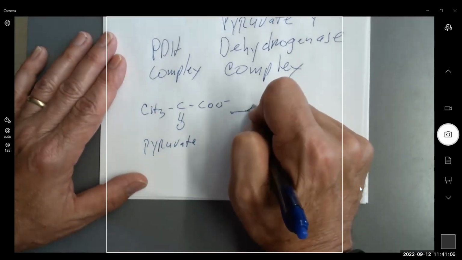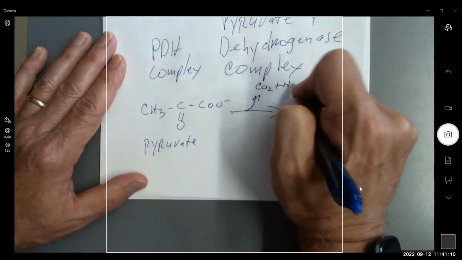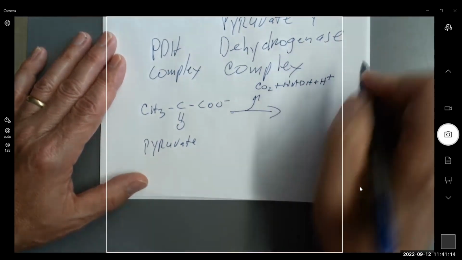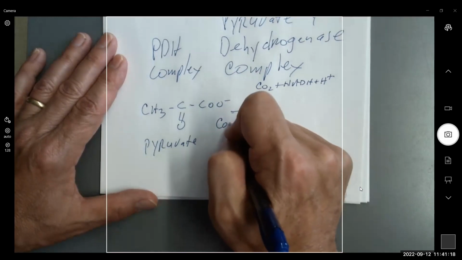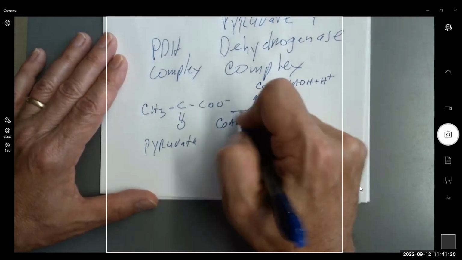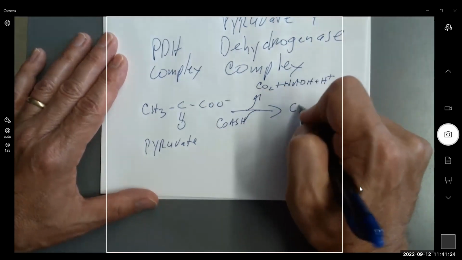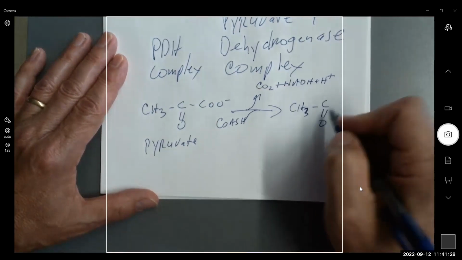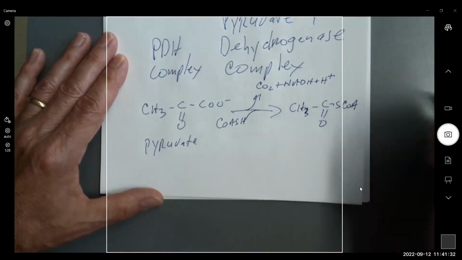You will get from this a carbon dioxide, plus you get a reduced NAD, and then you're going to have a coenzyme A that's going to come in here, and there's your acetate, and it's linked to coenzyme A like that.